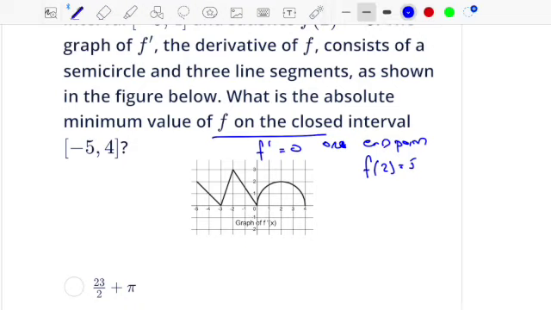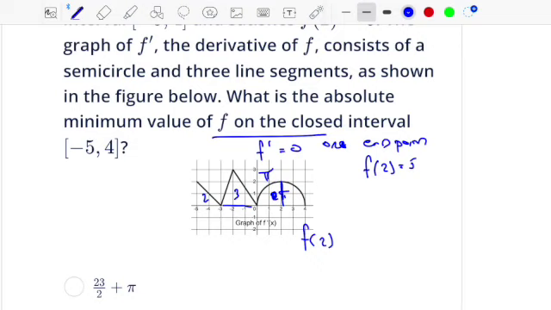I'm going to go back. This area here is 2. This area here is 3. This area here, that's going to be 1/2 of 2 pi squared, so 1/2 of 4. That's going to be 2 pi. And we know that f of 2, okay, so that's just going to be pi in there.